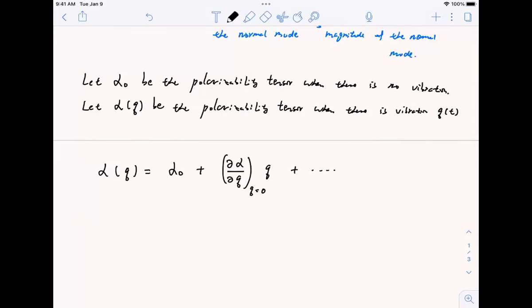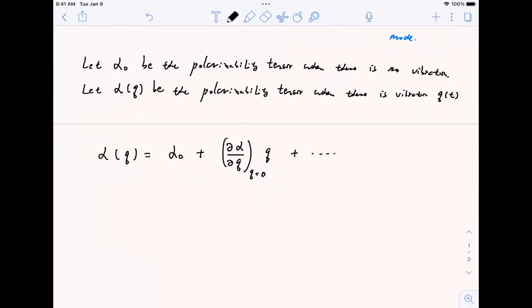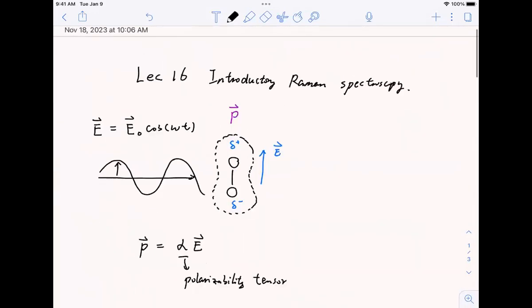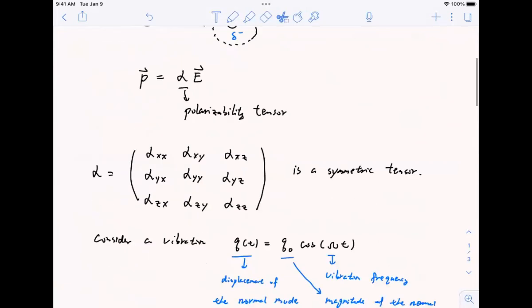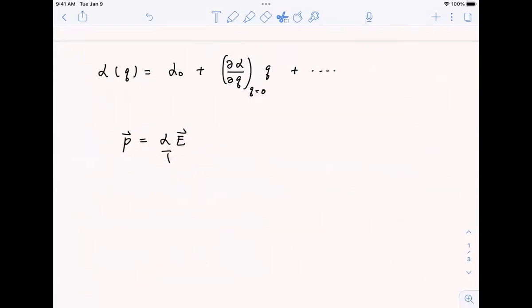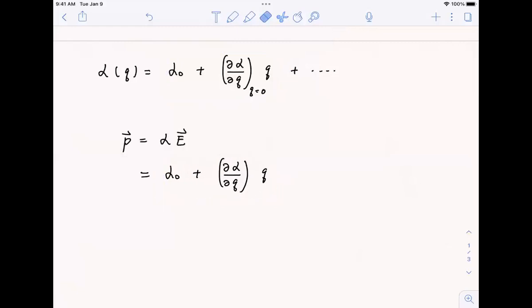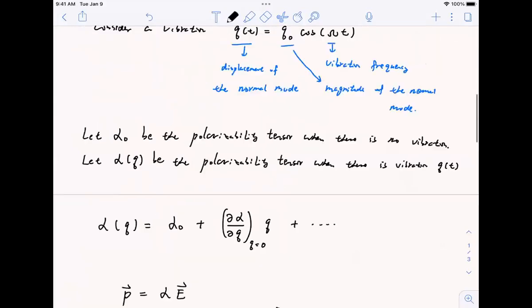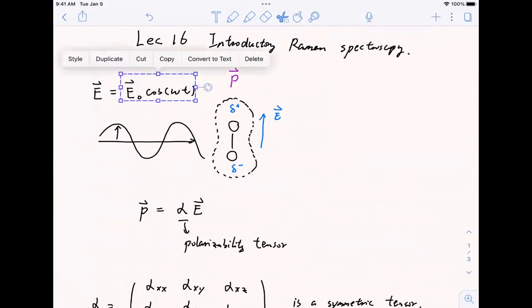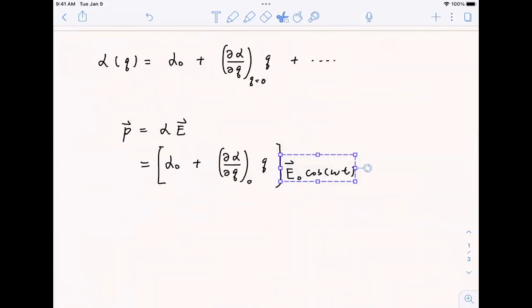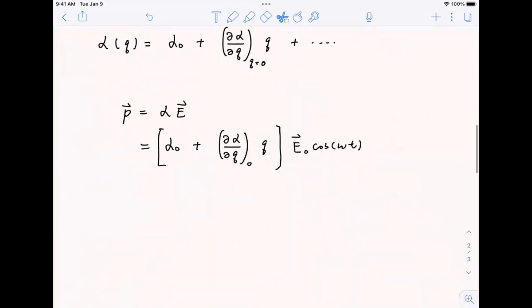So let's continue. Let's plug it in. For simplicity, I simply write alpha 0 here, plus the derivative times Q, and times the electric field, which is this one.